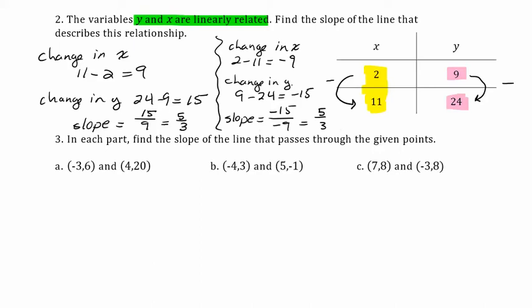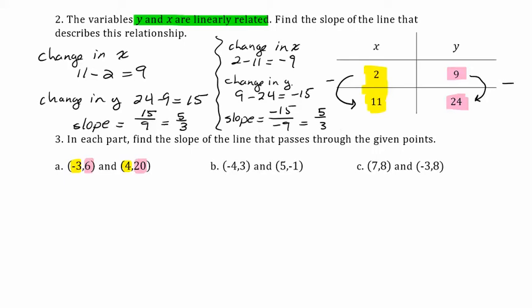Okay, so what I want you to do now is problem number 3, which is basically the same exact thing as problem number 2, except you're given the points as ordered pairs instead of a table. So your x values are here, your y values are here. Now, what order do you want to subtract in? It's up to you.